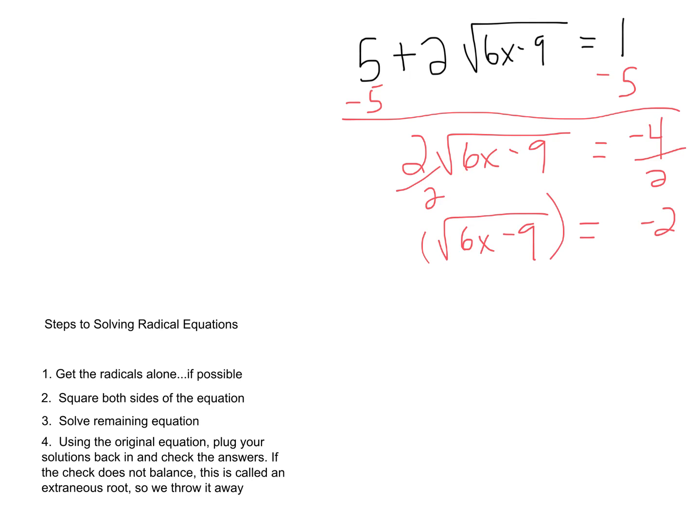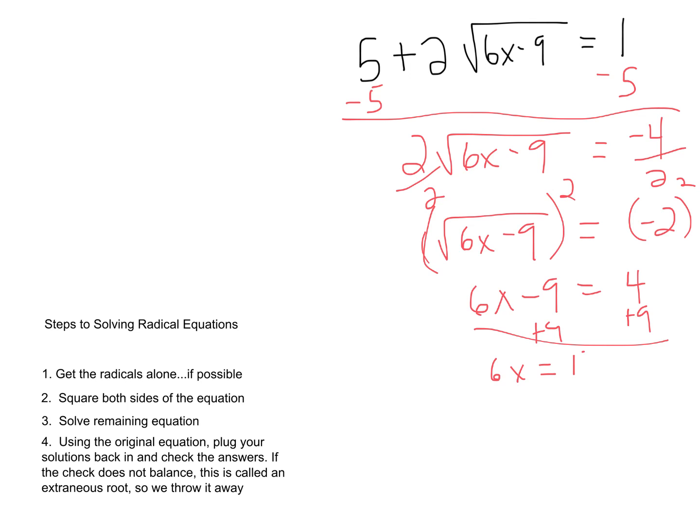Now we're going to square both sides. 6x minus 9 now equals 4. Add 9. 6x now equals 13 and divide by 6. So x is 13/6. It's okay to get a fraction, but again the important part is we now have to check this thing.